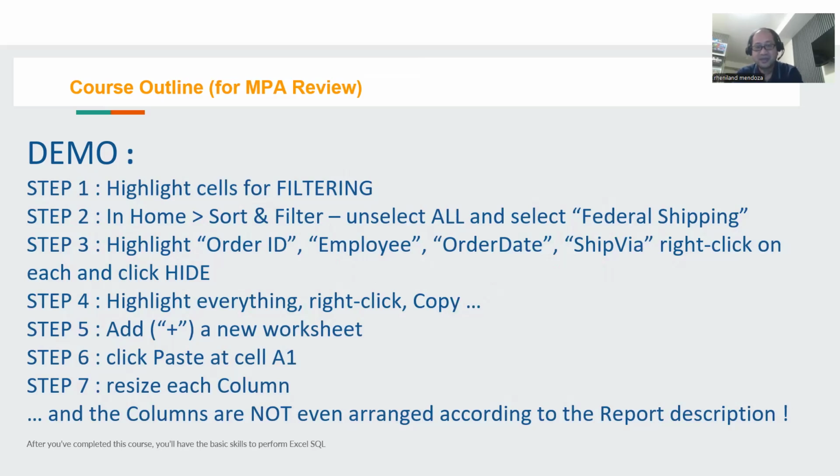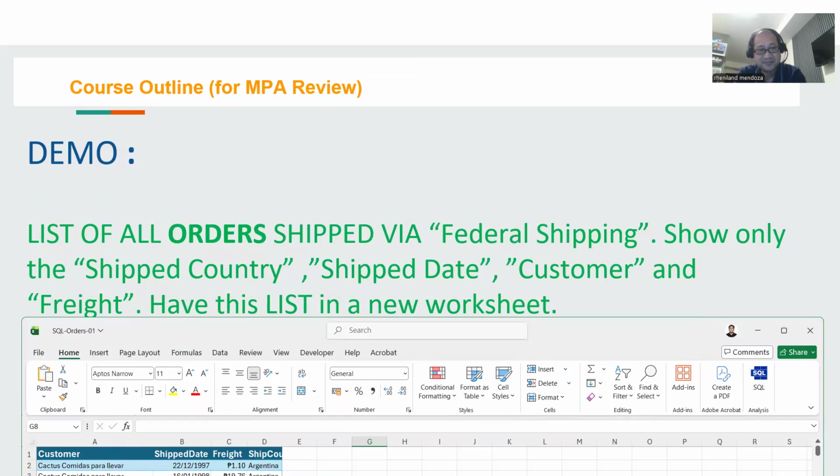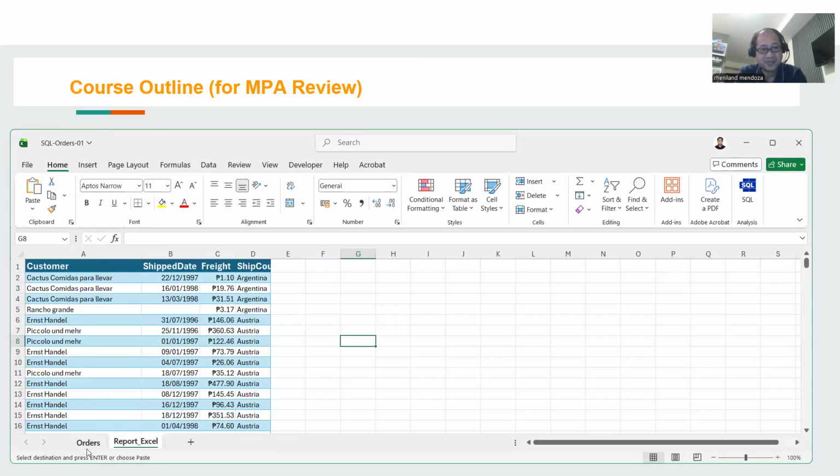But if you look closely, it so happens that the report is actually half baked because if you notice in the requirement, we have to have a certain order of the columns, which is not the original order of the table.